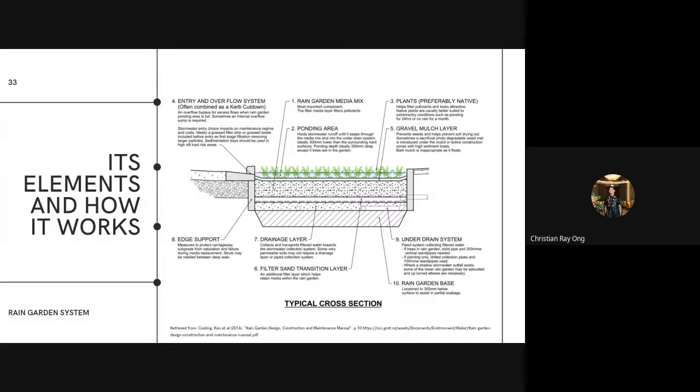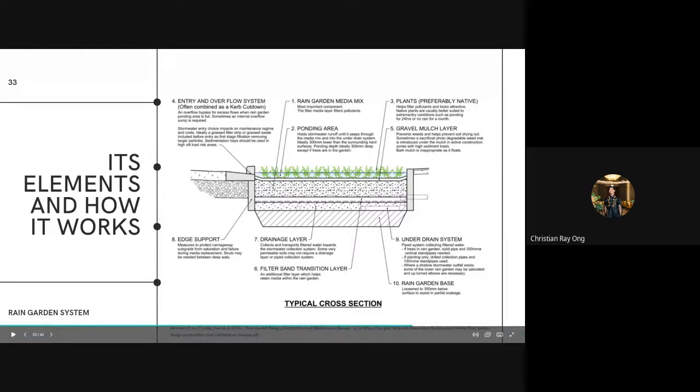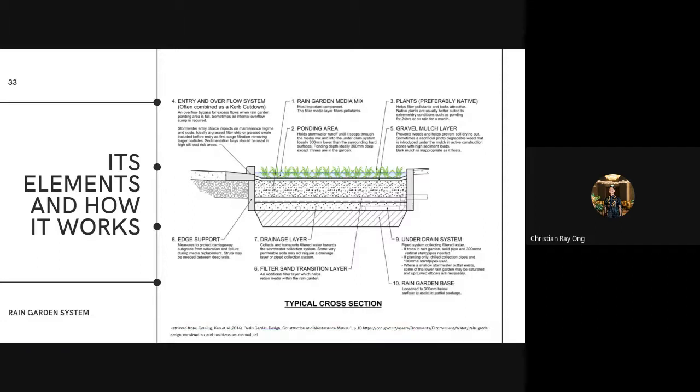So first is the rain garden media mix. Usually this part of the soil has components that are responsible for filtering pollutants. Next is the ponding area, where water is held until it is absorbed by the roots or delivered into the drainage system, or there's a rainwater storage.